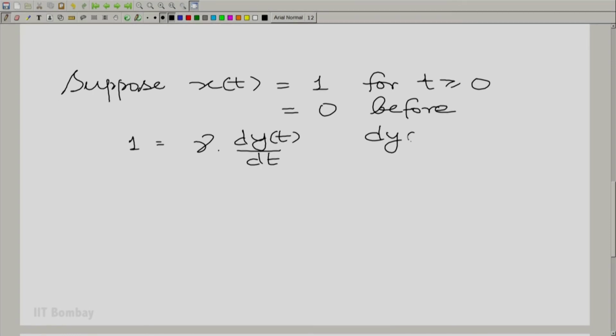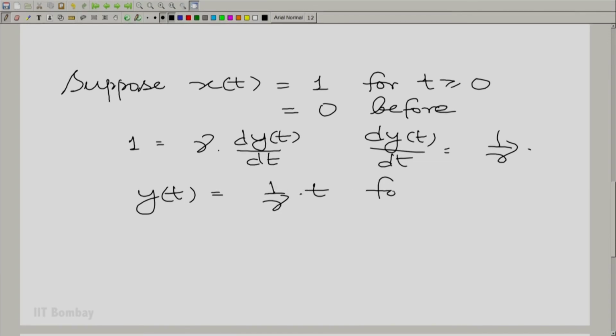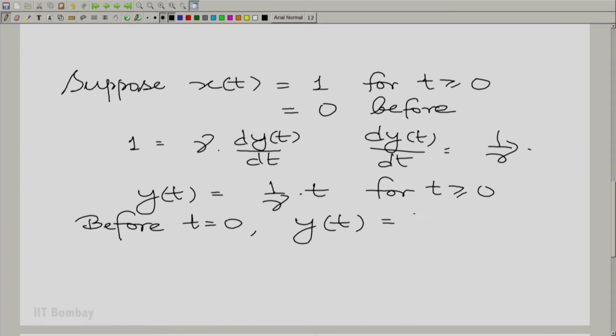So of course dy t by dt is 1 by gamma, and therefore y t is 1 by gamma times t for t greater than or equal to 0. And we will assume that before t equal to 0, there was no x t at all, therefore y t needs to be 0 too.